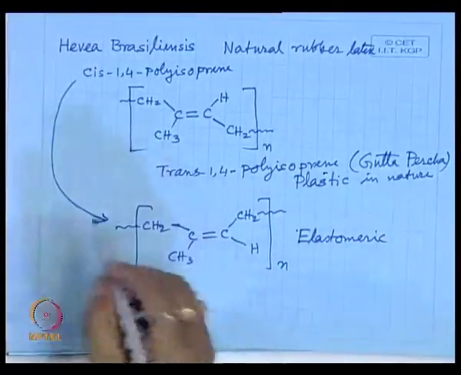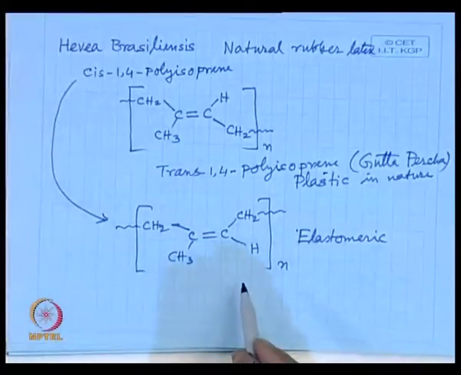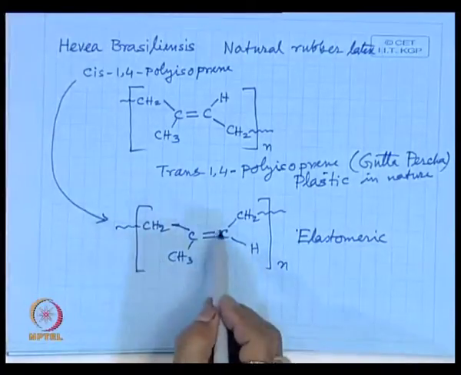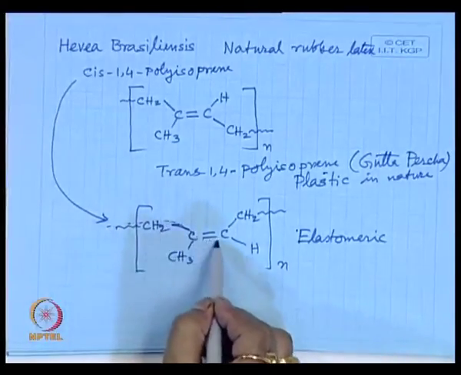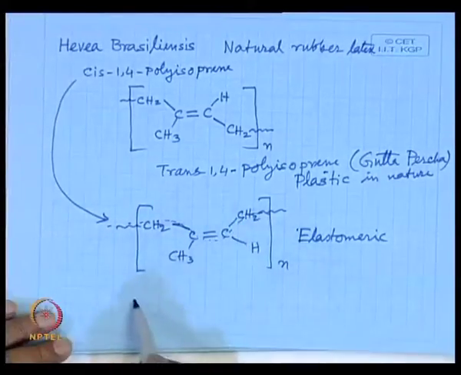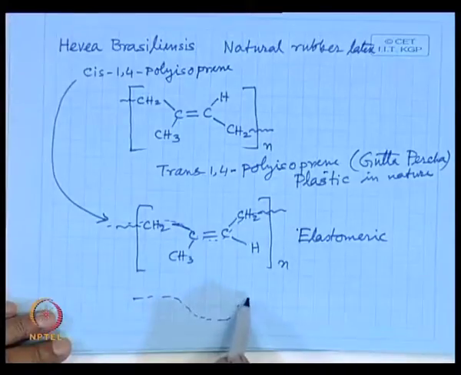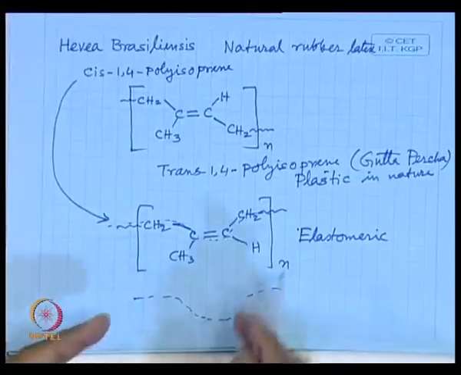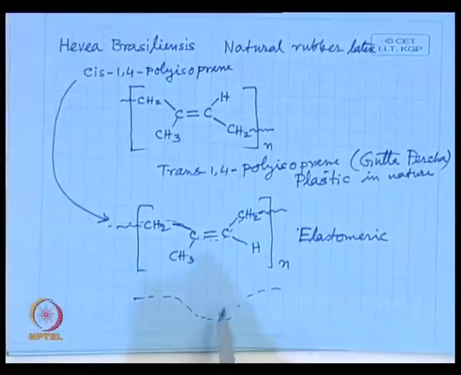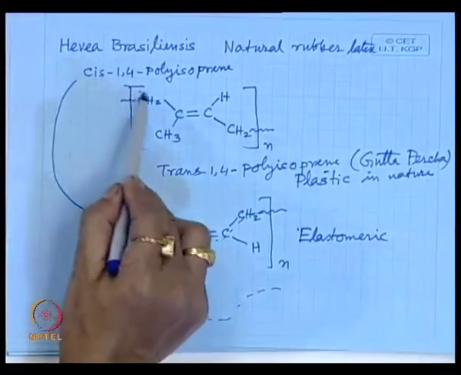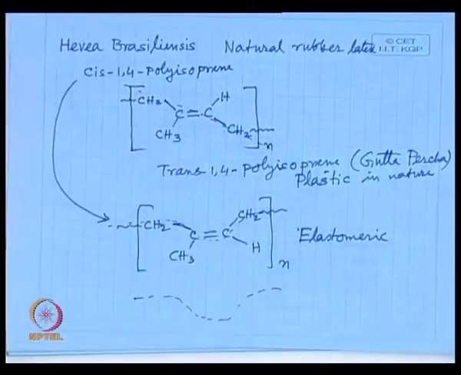That is because of this cis trans configuration. How? You see, this is the cis configuration. If you look into this molecule, you will find it looks like this. That means this unit gives a bent configuration, whereas in this trans one there is a linear configuration.